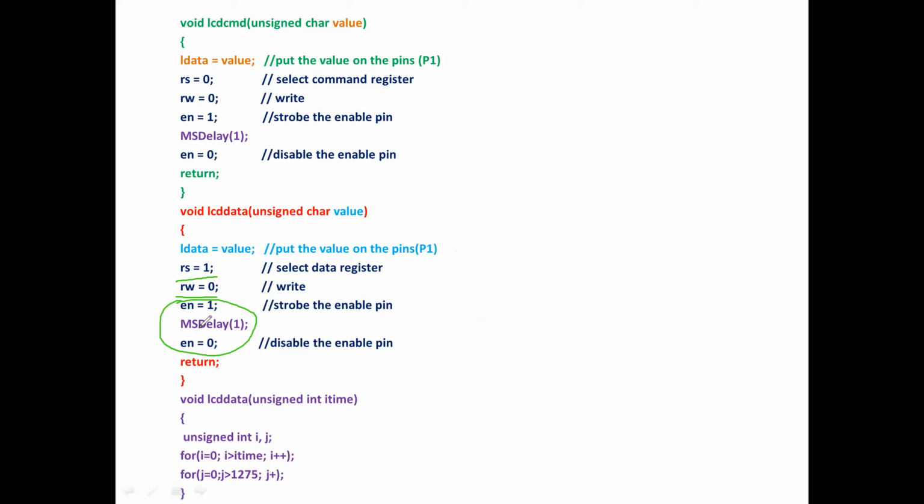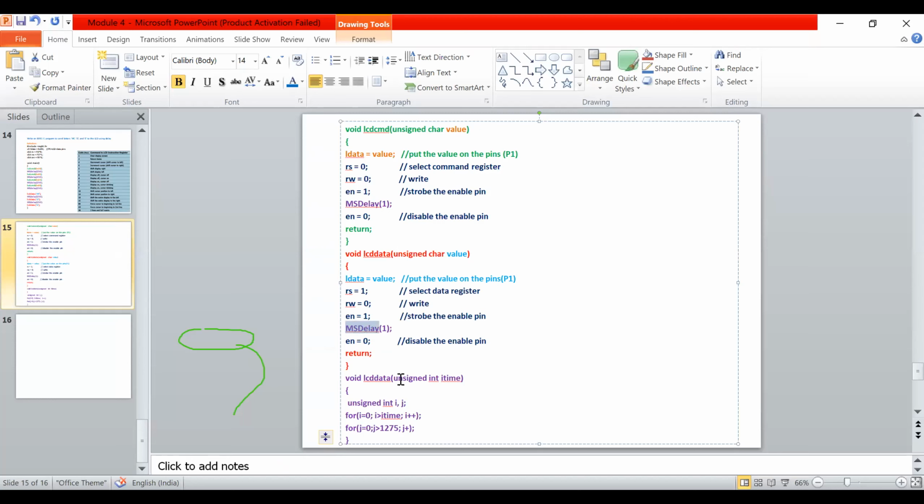So in all the programs, we have used MS delay. This is a simple function. Okay, sorry, here also a mistake. So MS delay is a function, right? So this is for generation of simple delays, 1 millisecond and 250 milliseconds.